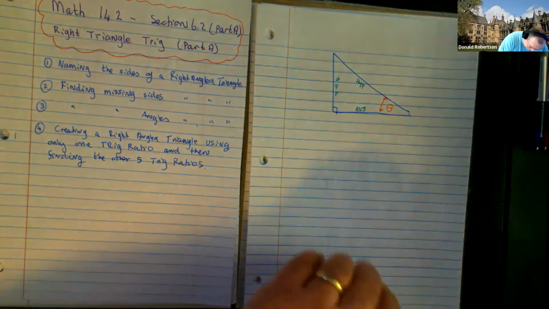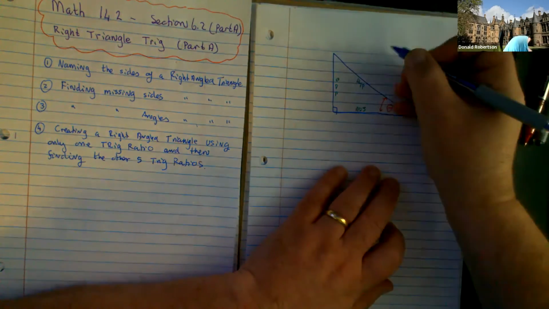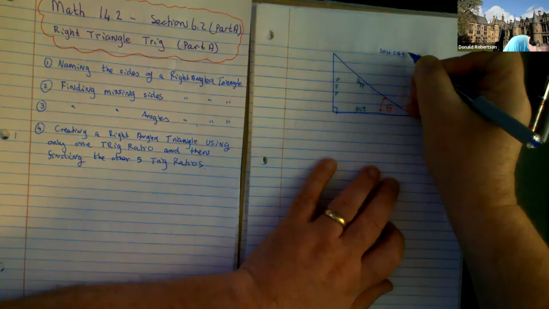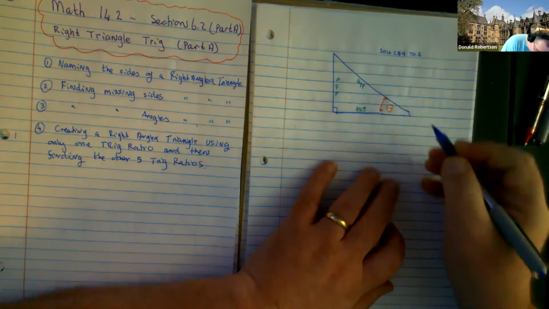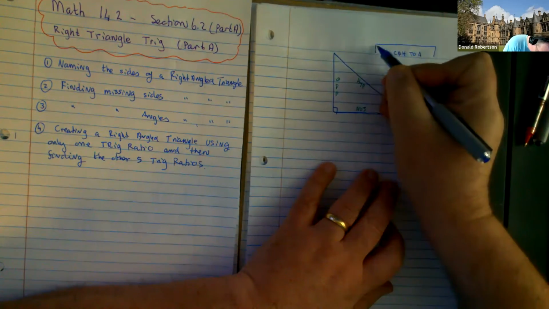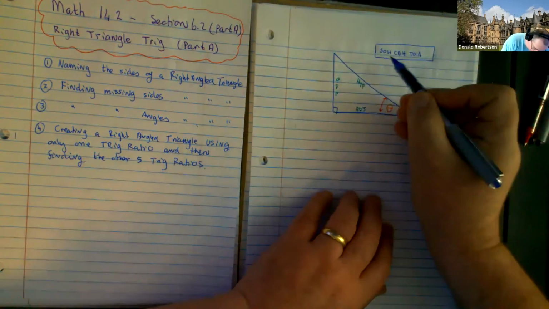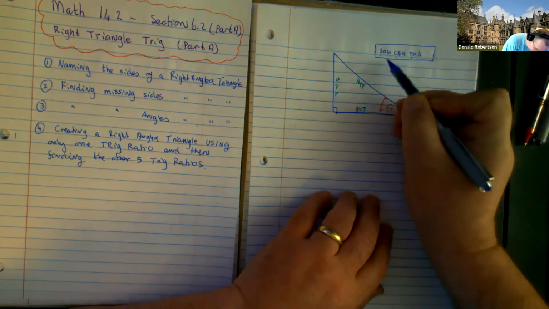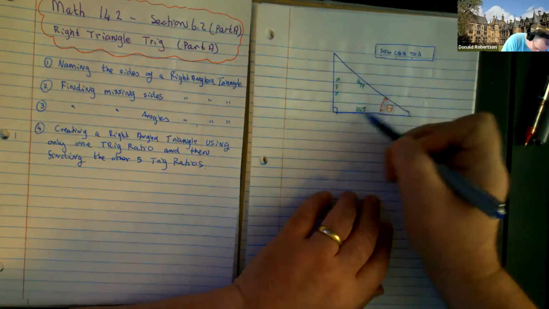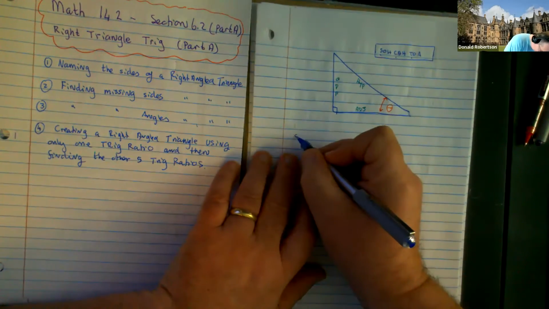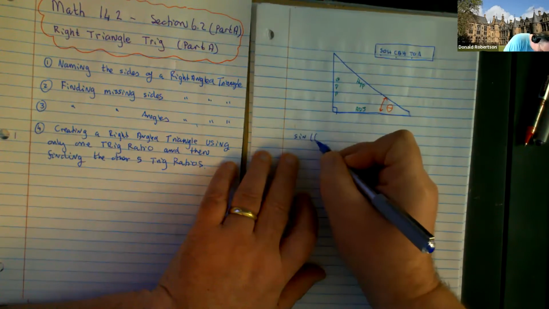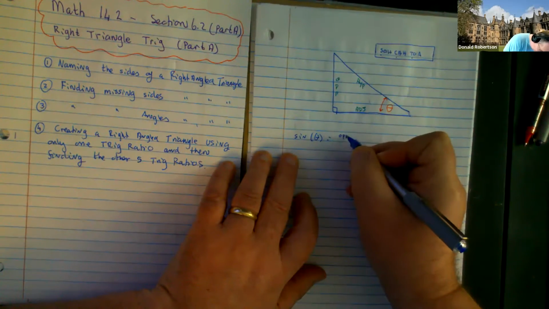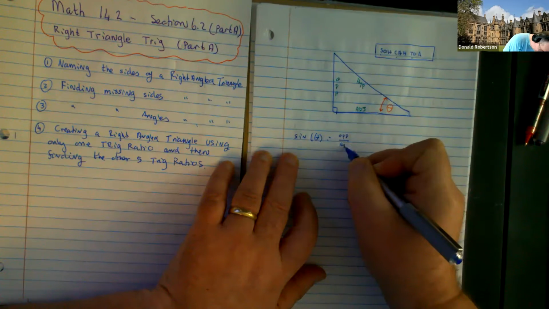And then, connected to this, there's a mnemonic called SOHCAHTOA. What that does is it allows us to remember what the sine, the cosine, and the tangent are in terms of the sides of a right-angled triangle. So the sine of theta, SOH, is the opposite over the hypotenuse.